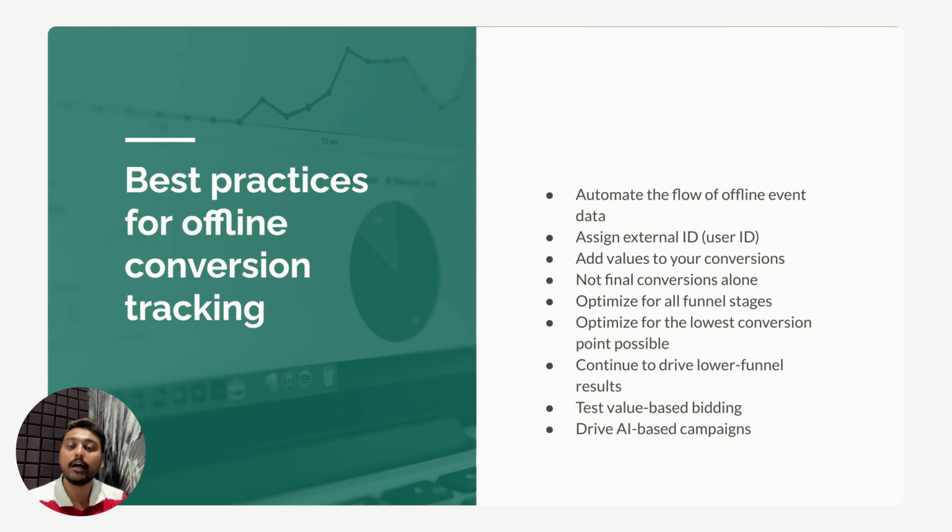You will move forward and continue to drive your lower funnel results. Therefore, your conversion rates will be pretty high. Your ad campaigns perform very well by optimizing the ad spend, as they are expanding the audience reach and targeting the right audience. So when you target the right audience, obviously you will be driving better results.